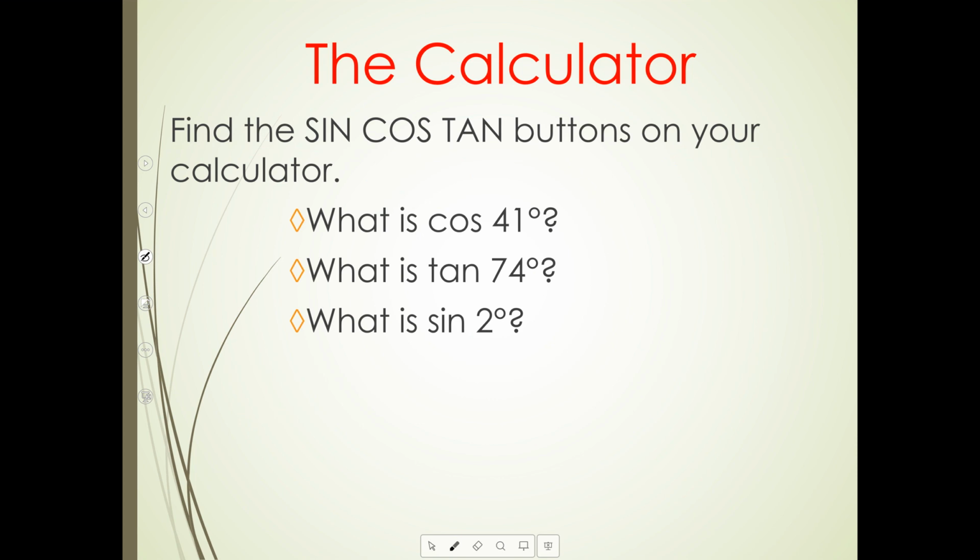All right, let's make sure your calculators are working correctly. Simply hit the cosine button, remember not the cos button. The cosine button, hit cosine 41, enter. You should get .7547095802. Are we all good? Yes? If you are not good, you need to say something now or this is going to be a bad experience.